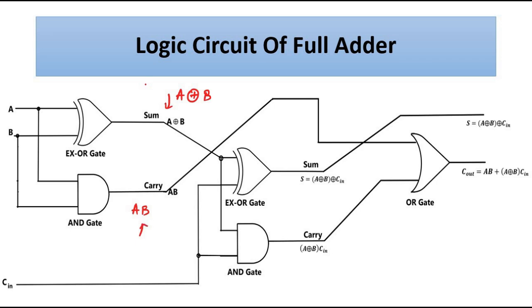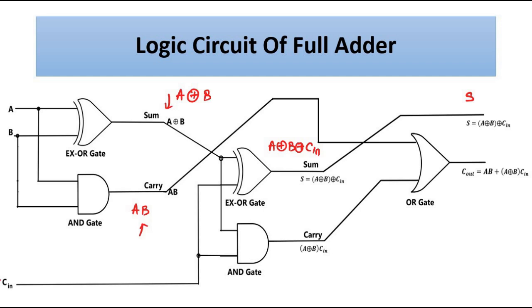Then we gave this output A XOR B to one of the input lines of another XOR gate, and the carry at the input side to the other input line. So we get the output of this XOR gate, A XOR B XOR Cin, which is nothing but the final sum output. This line goes here, this is the final sum output.